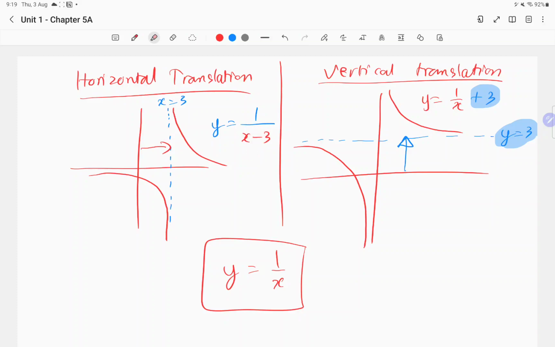Okay, so don't worry about that for now. Just remember horizontal translation, you replace x with x plus or minus something. And the vertical translation is when you add a constant term.